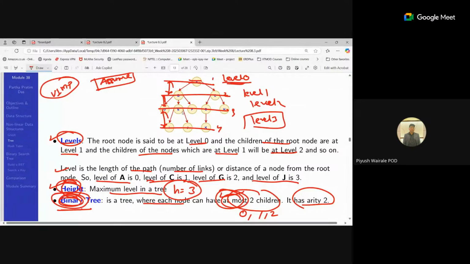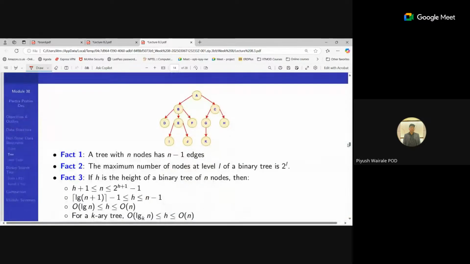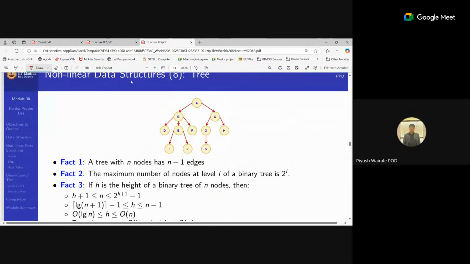This is not a binary tree, the given example, right? For A, it is satisfying, but what about B? B has three children, so that is not correct. Each and every node in the tree must have at most two children, right? That's it. So you can check here.